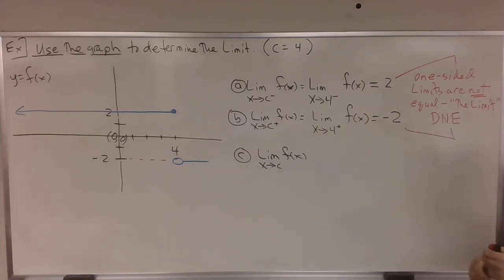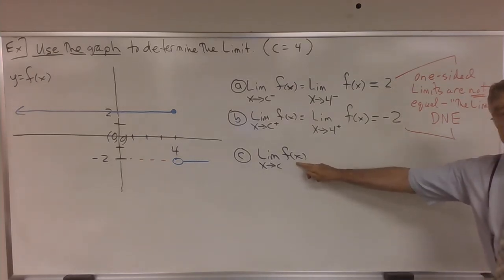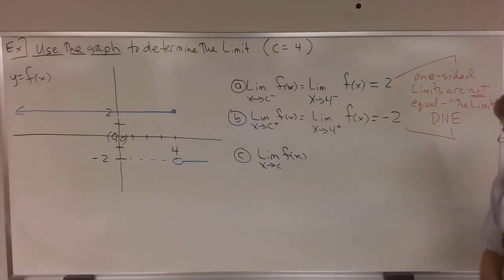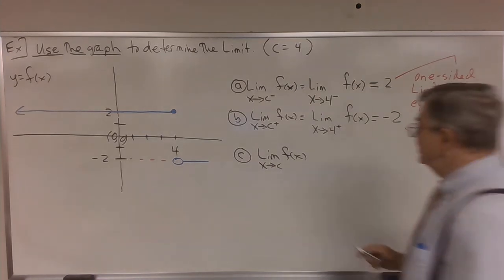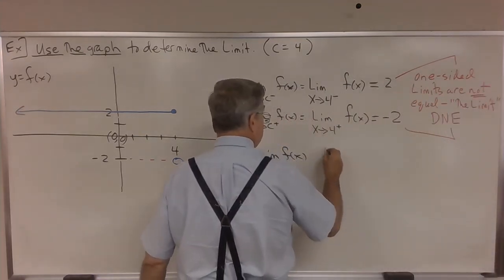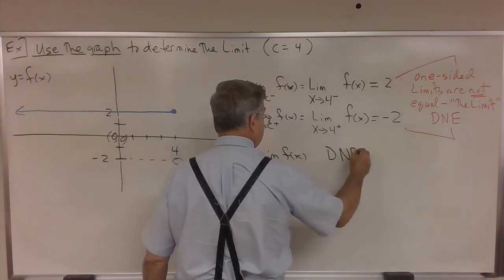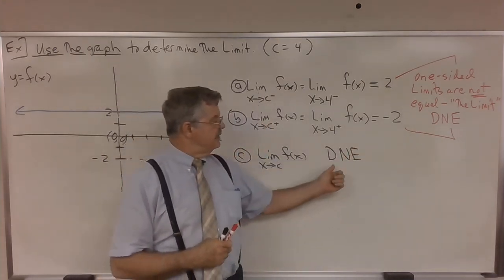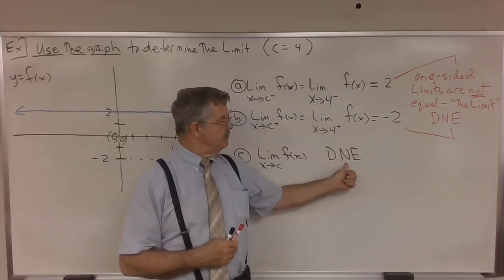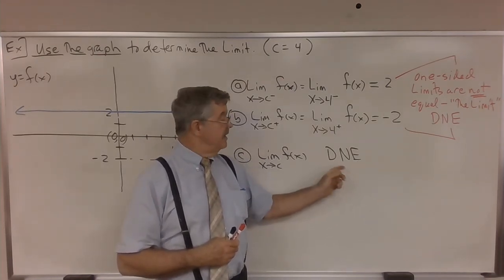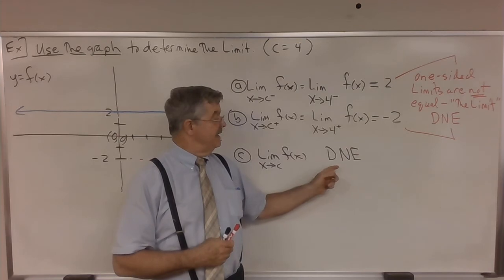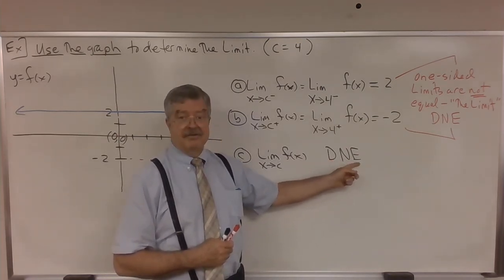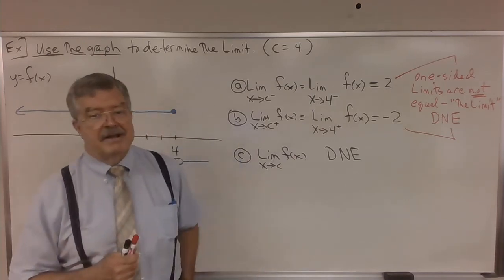The two one-sided limits are not equal, so this thing that we call, quote, the limit, end quote, does not exist. So here's our answer. If the limit doesn't exist, we type in capital D, capital N, capital E. No spaces in between. DNE for does not exist. And that's our answer.